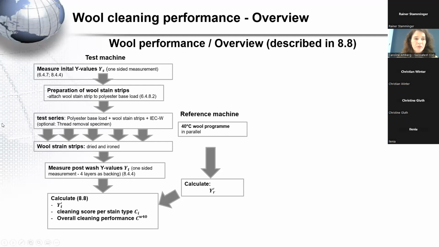Afterwards, the different test runs are done, and then the wool stain strips are dried and ironed. Then the next step is that you measure the reflectance value of the washed wool stain strip, and you calculate the cleaning score, respectively the overall cleaning performance. The reference machine has to be run in parallel, with this 40-degree wool program, and you also do it according to these different steps.